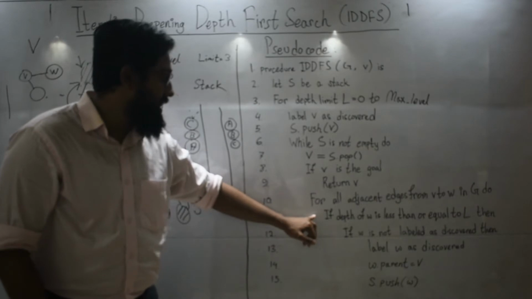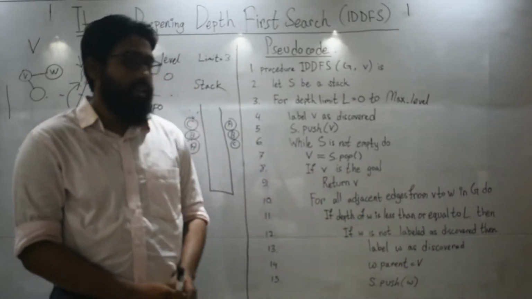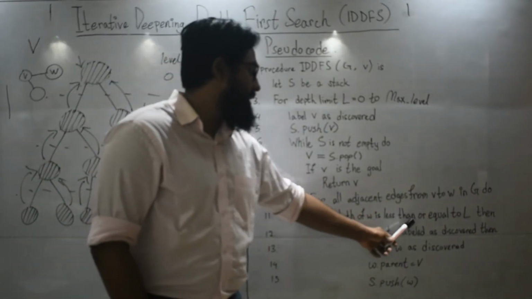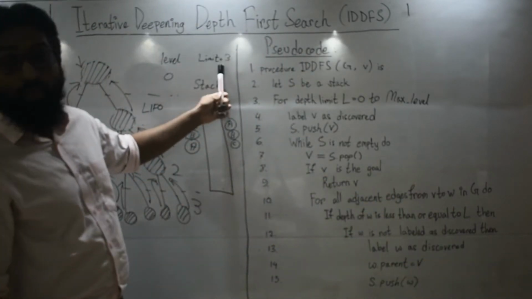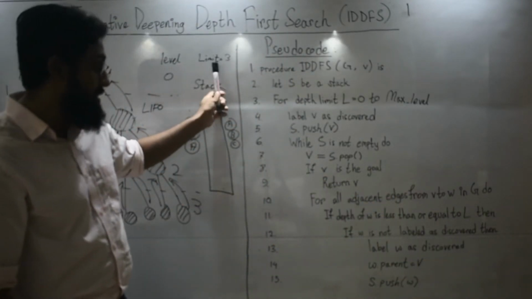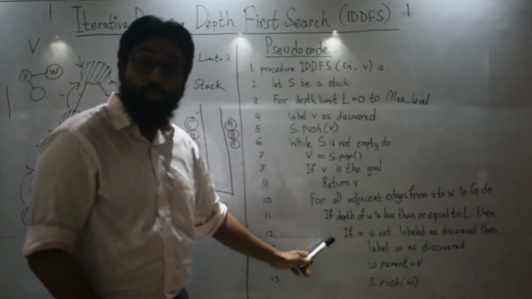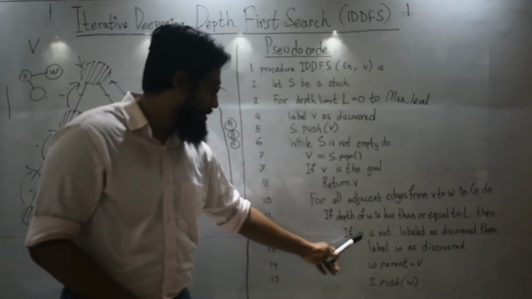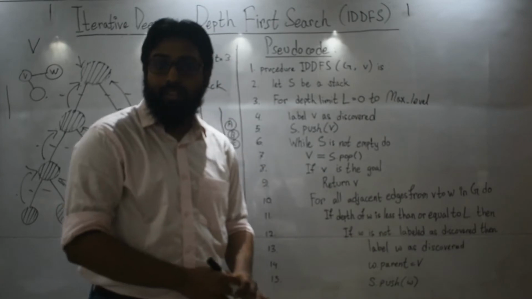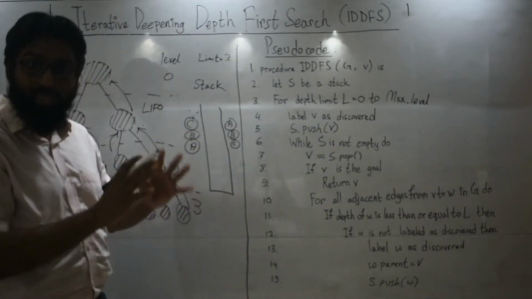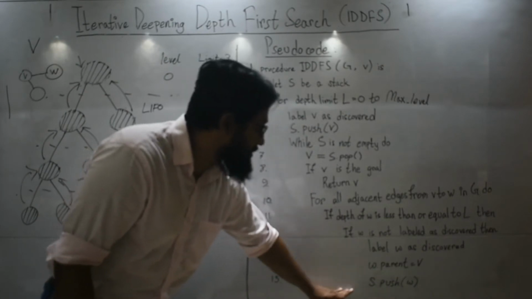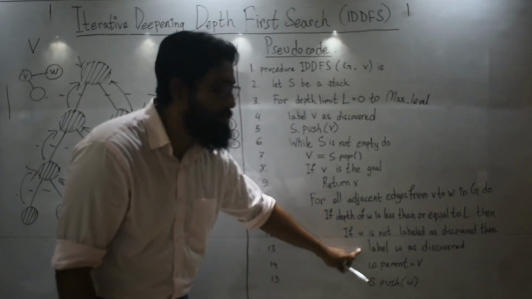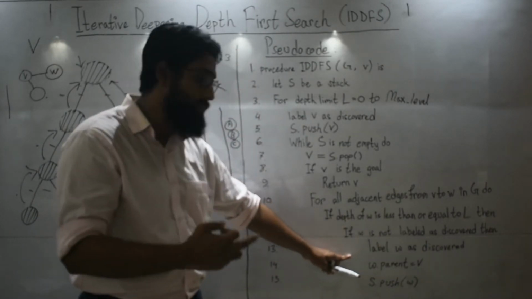Okay. If the depth of W is less than or equal to L, so less than or equal to my limit set, okay, then you will check again. If W is not labeled as discovered, that means you have not shaded it before, it's undiscovered yet, then you will perform these tasks. Okay, what are the tasks? Label W as discovered, meaning you will shade them.